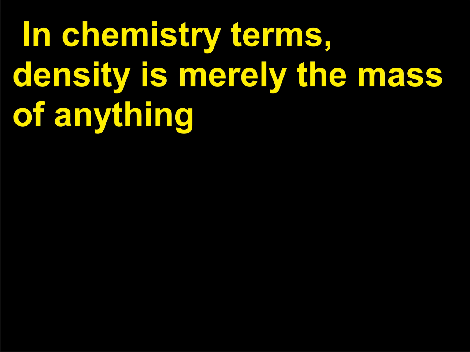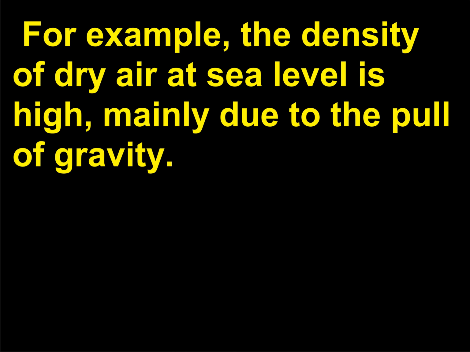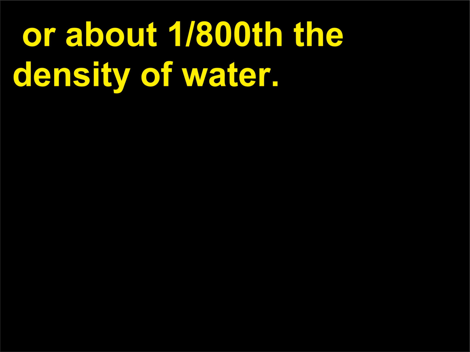In chemistry terms, density is merely the mass of anything, including air, divided by the volume the mass occupies. For example, the density of dry air at sea level is high, mainly due to the pull of gravity. In metric system terms, sea level density is about 1.2929 kg/m^3, or about 1/800th the density of water.